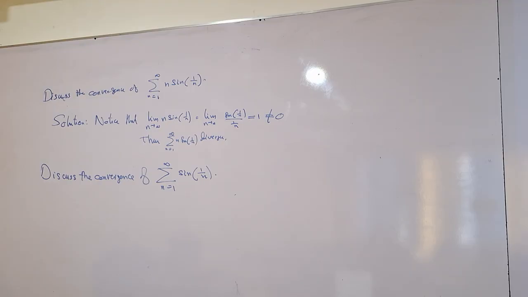Sin 1 over n plus 1 divided by sin 1 over n is less than 1, because the upper part is less than the lower. You are saying that sin 1 over n plus 1 divided by sin 1 over n is less than 1.